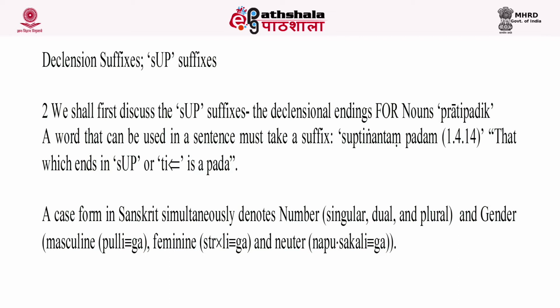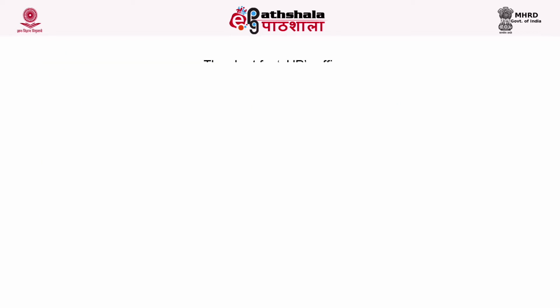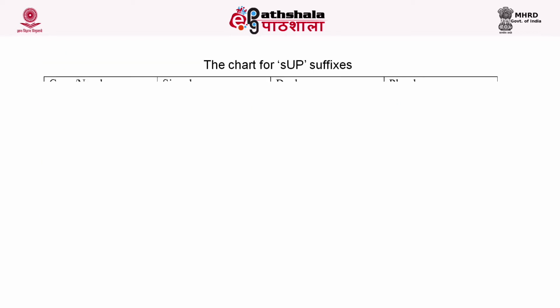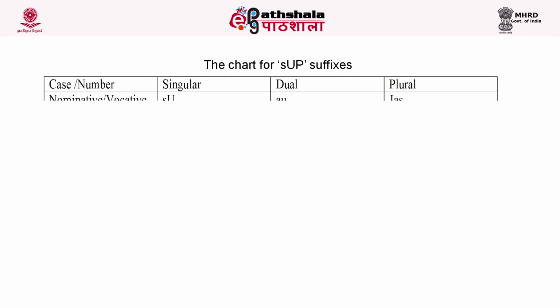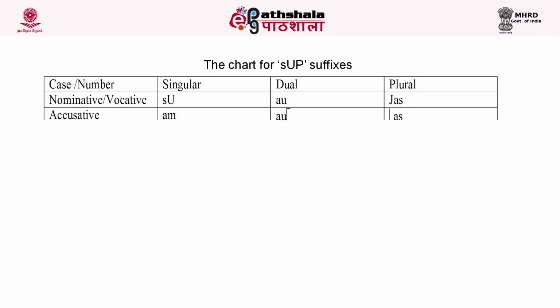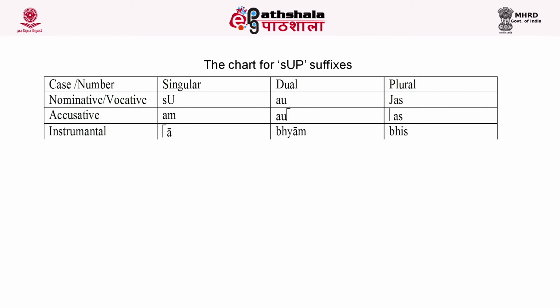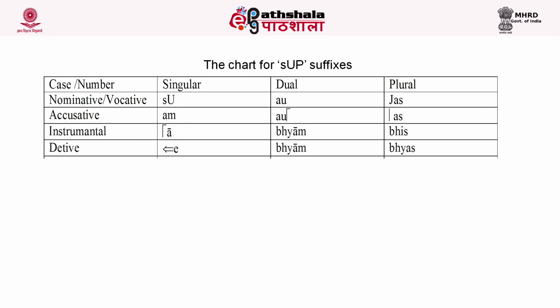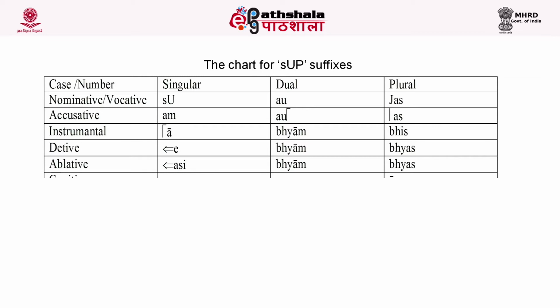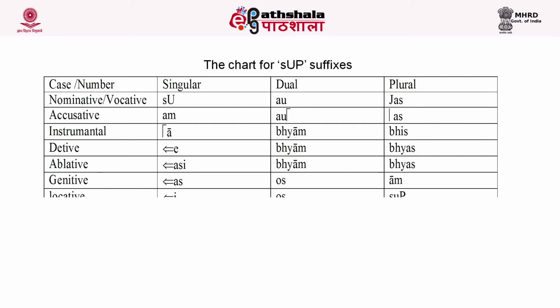It may be noted that a case form in Sanskrit simultaneously denotes the numbers singular, dual, and plural, and three genders: masculine pullinga, feminine strilinga, and neuter napumsakalinga.